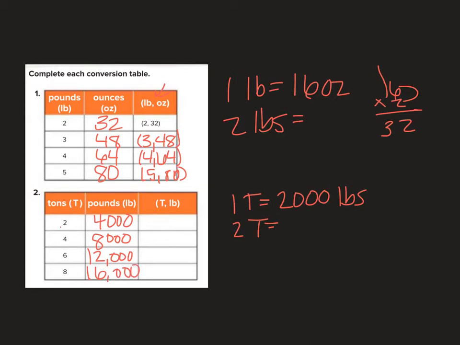All I did is 2 times 2,000. So 2 times 2 is 4, then I add the 1,000. 4 times 2 is 8, add the 1,000. 6 times 2 is 12, add the 1,000. 8 times 2 is 16, add the 1,000. So there we have it, and there are my ordered pairs. All right, let's keep going.